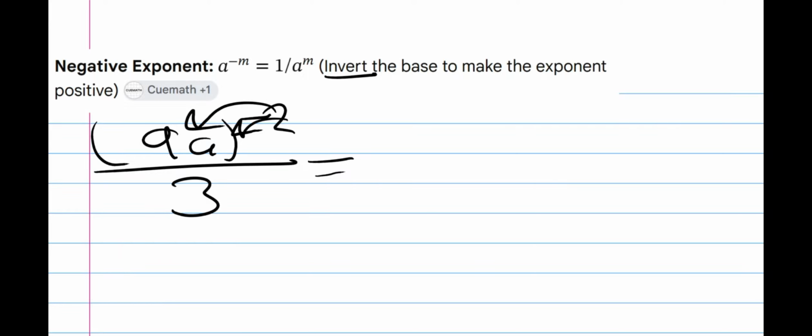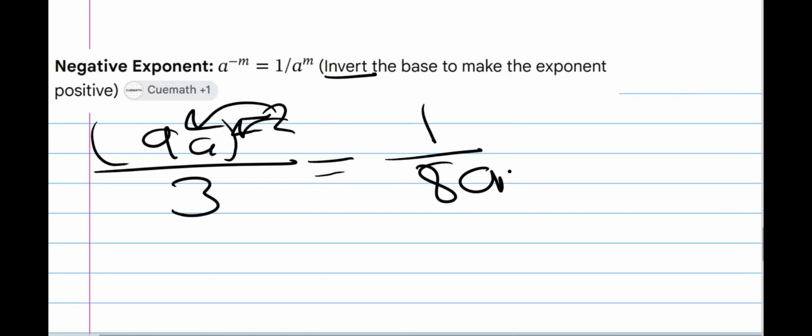That would give us 1 over 81 a squared. And remember, we still have 3 here. So you need to divide that result by 3.